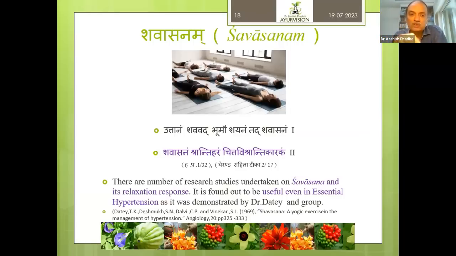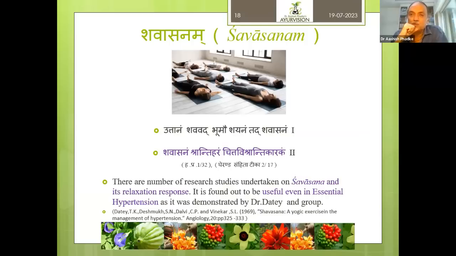And they used it as beneficial for those who have essential hypertension, meaning those with very high hypertension, like 180 by 110, 200 by 120. Systolic is so high, diastolic is also so high. Usually it is 120 by 80 or 130 by 85 or 140 by 90.